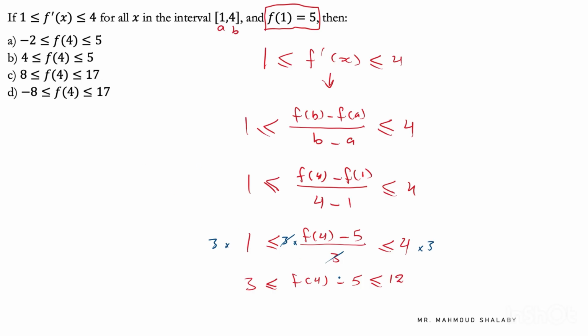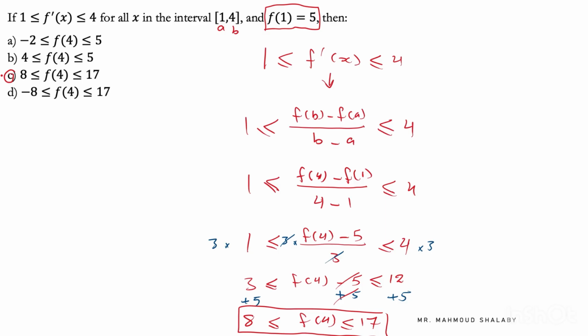Now I want to remove the 5 as well, so I will add 5 to all terms of the inequality. So 3 plus 5 is 8, smaller than or equal to f of 4, smaller than or equal to 12 plus 5 is 17. So this will be the final result of the inequality, and we will try to find it here, and I think it should be C. Yes, it's C. So this is how it works.